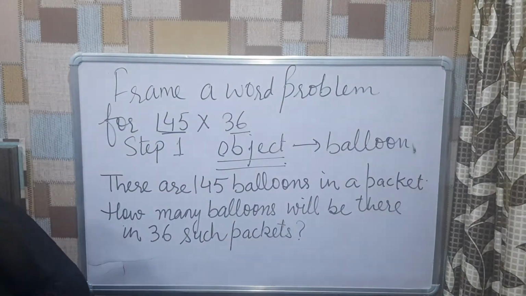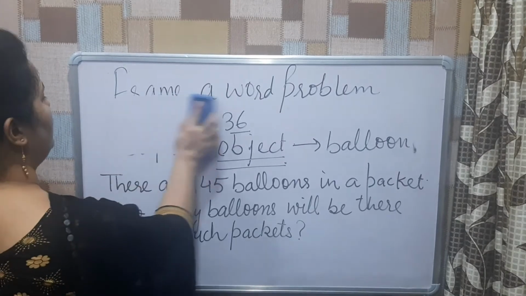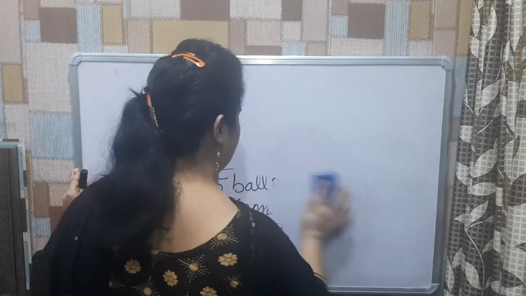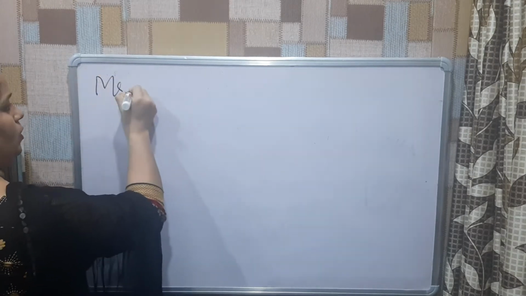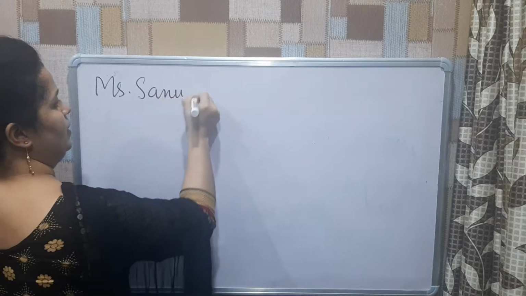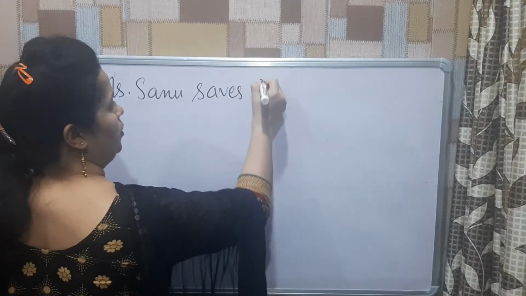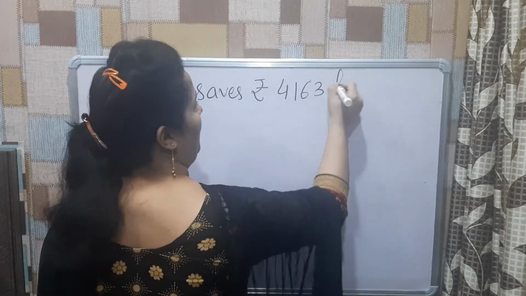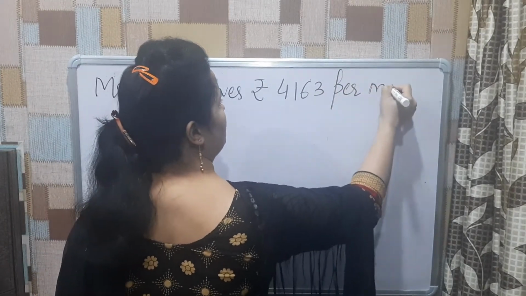Now, children, next is how we can solve a word problem. Now, suppose if a statement is given, Miss Sanu saves rupees 4163 per month.